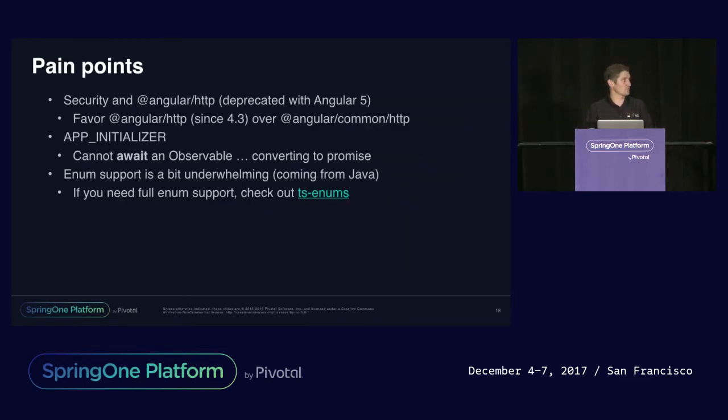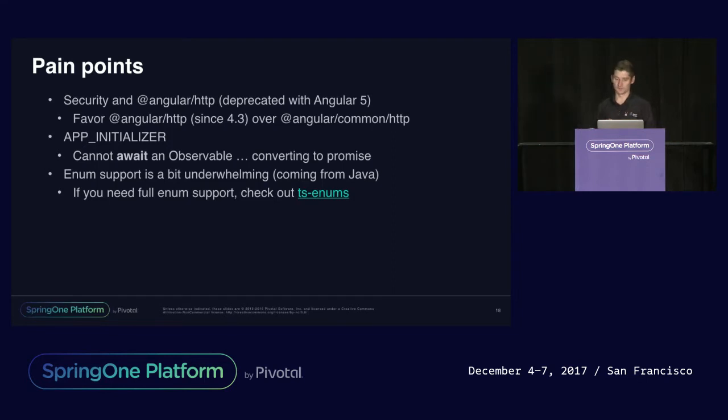When we did our upgrade, we had a few sticky points here and there. The HTTP library that came with Angular 2 certainly gave us a little bit of grief, since we had security requirements where we have an XAuth token that by default the HTTP client sends as a header back to the server for authentication purposes.